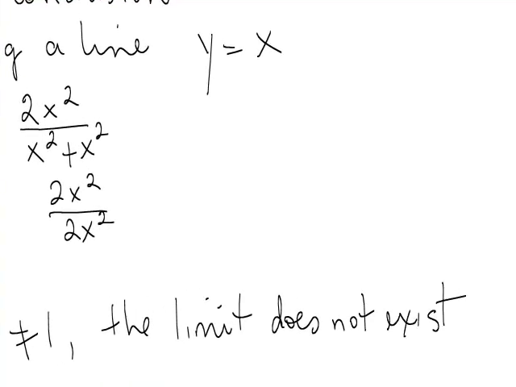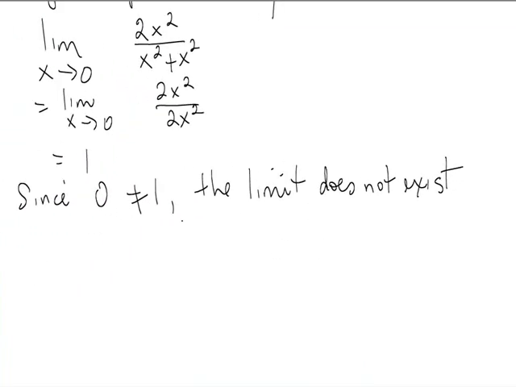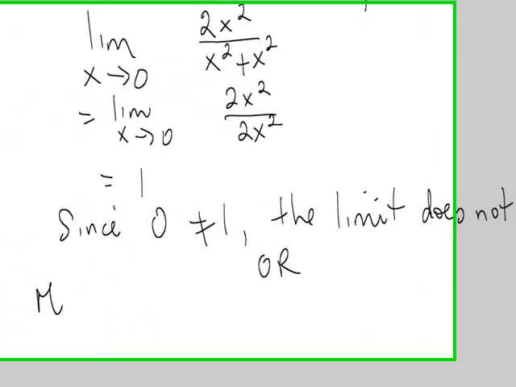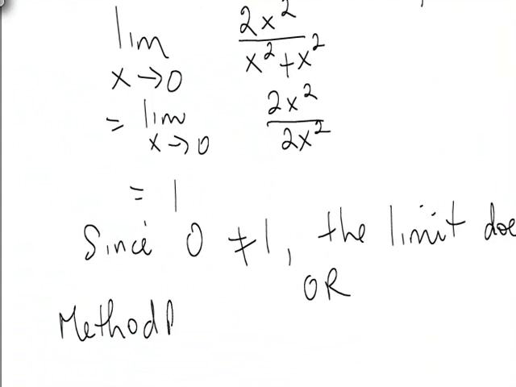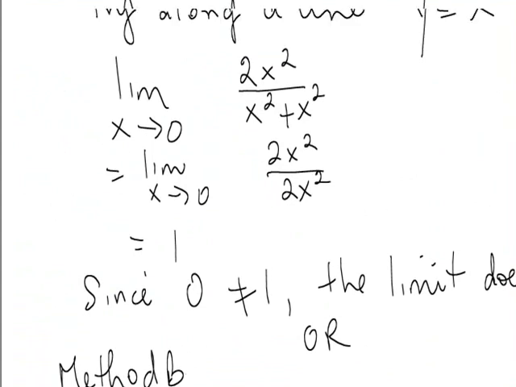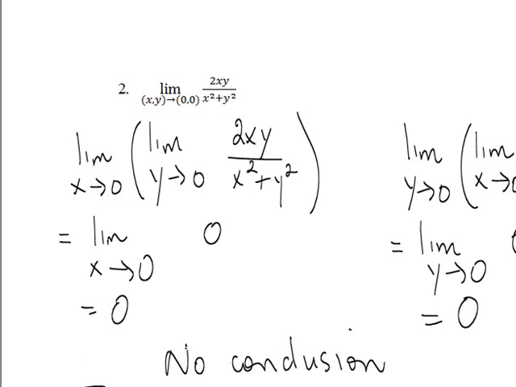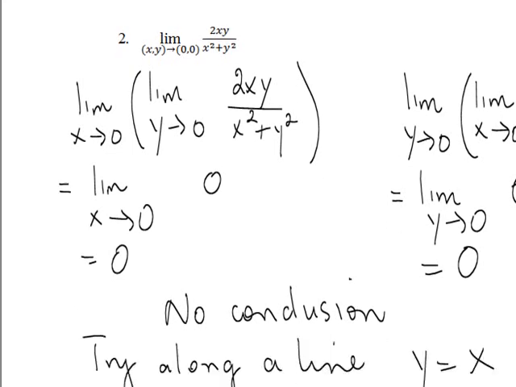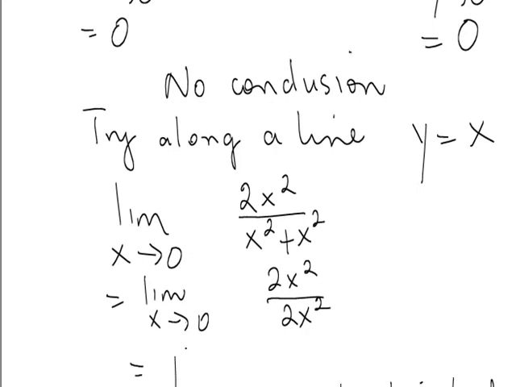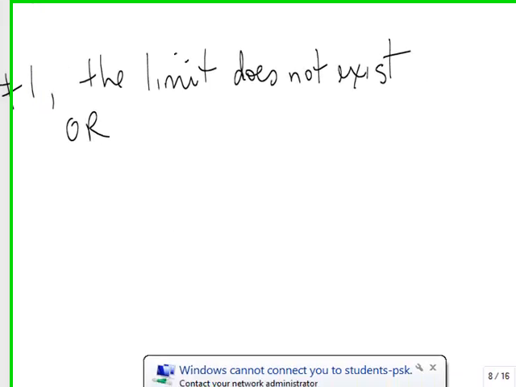Now let me show you another method that you could have just done in one line. Method B. Some people look at this right away and see that it is going to give 0 if I take the iterated limits. So you can just go along a line right away, but make the line general.